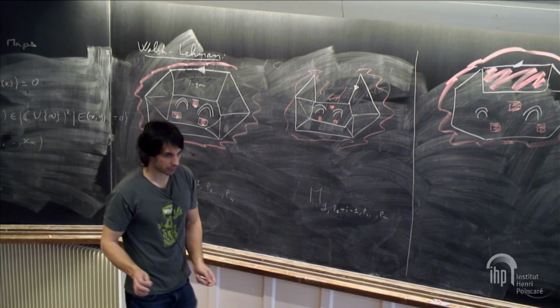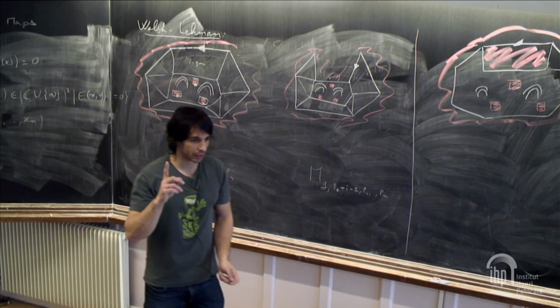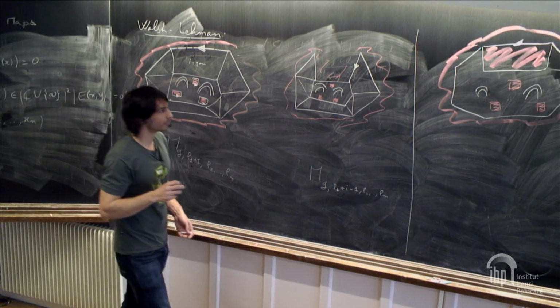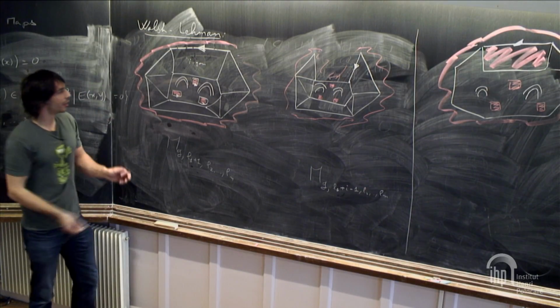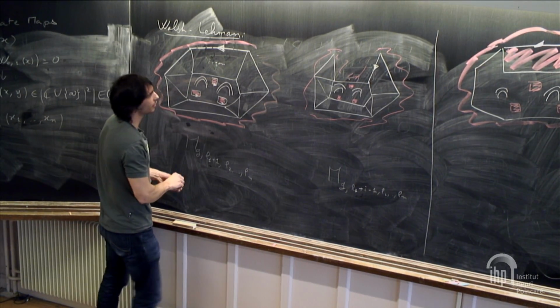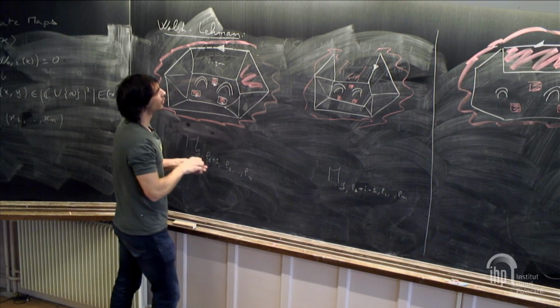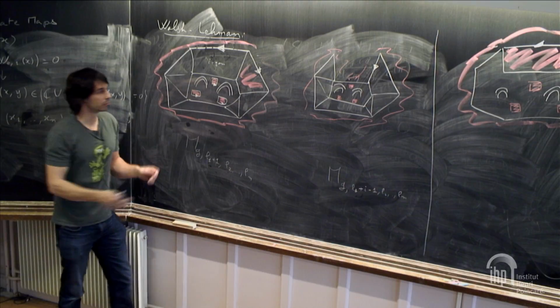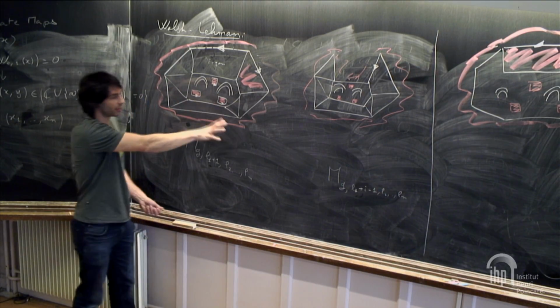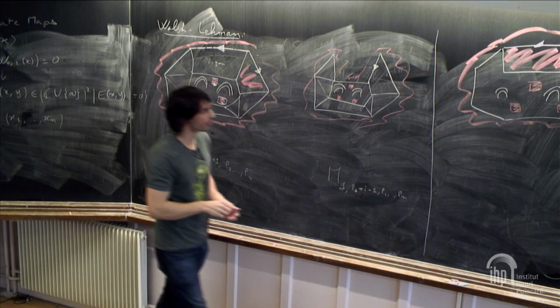The same face could be marked multiple times? No, just once. Yeah. And when I say that it's marked once only, it means that I could have something like that. So it's a different face. And this is the only possibility, and it just gives me exactly the same kind of contribution.